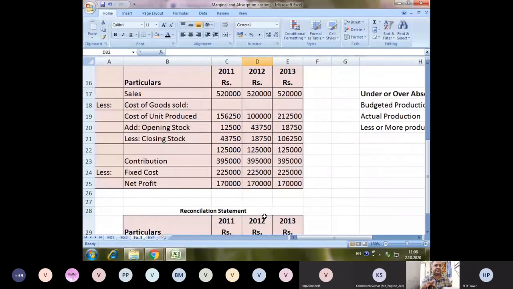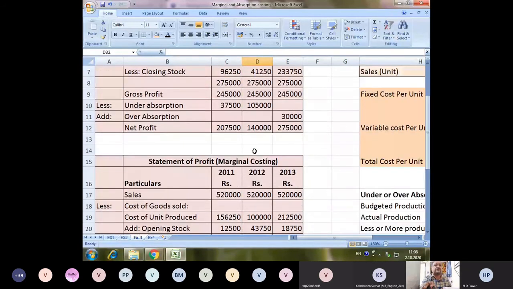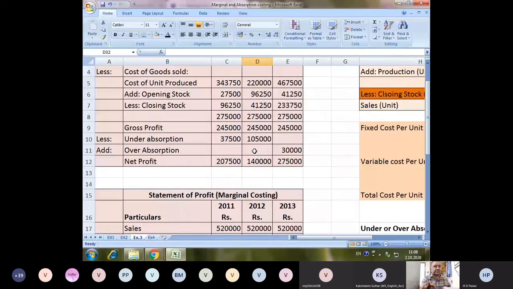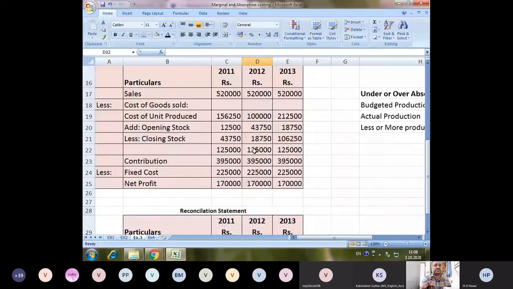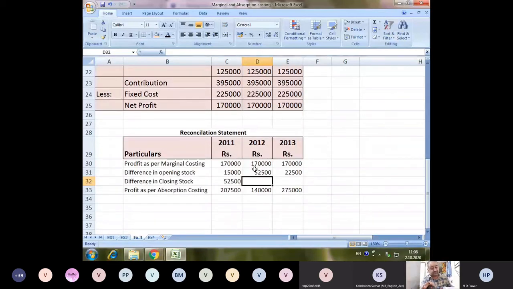Second year, closing stock 18,750 minus 41,250. The difference is 22,500.